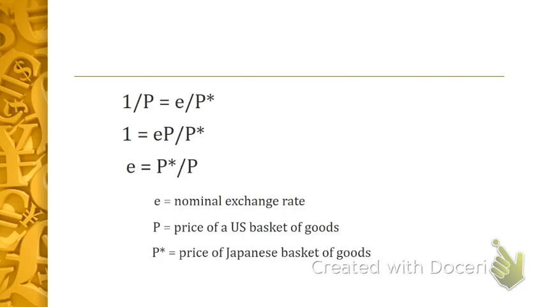So this is saying the exchange rate equals the price of the Japanese basket over the price of the U.S. basket. That's how you figure the exchange rate. You'll need to use these formulas when you do the homework, which is why I'm going over them. All right, any questions there? Okay, that's it.